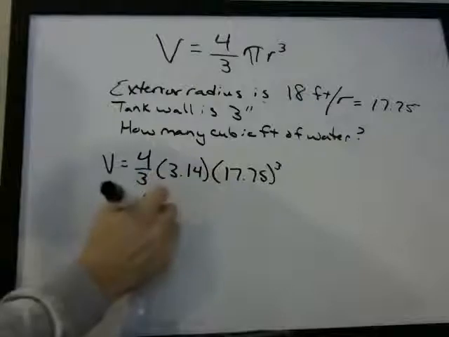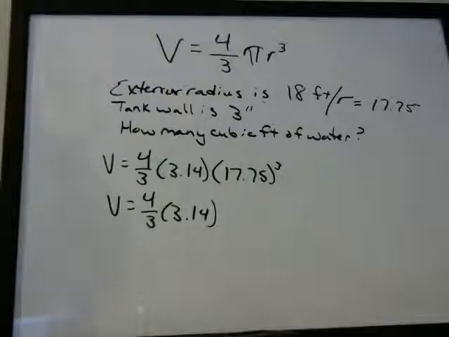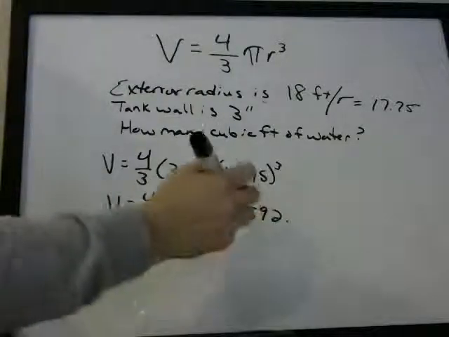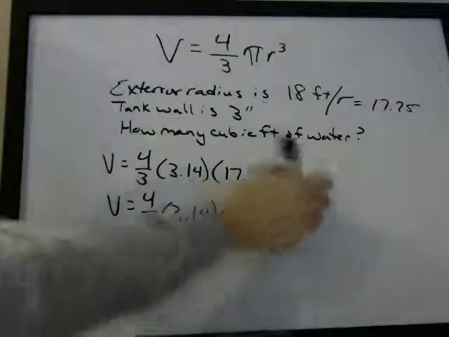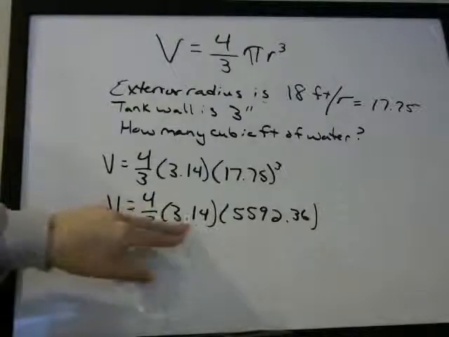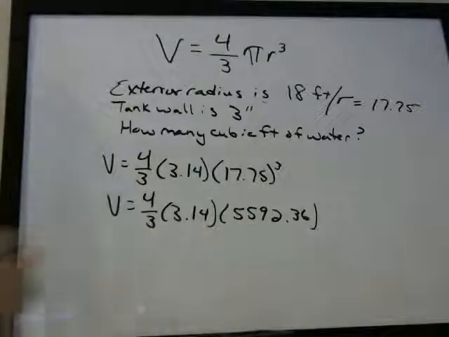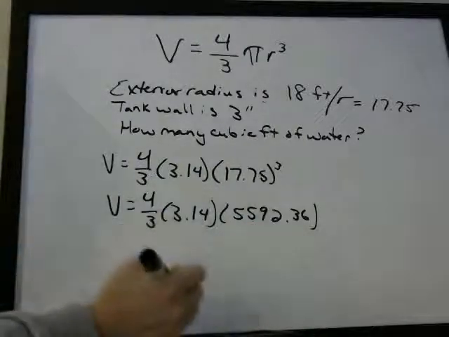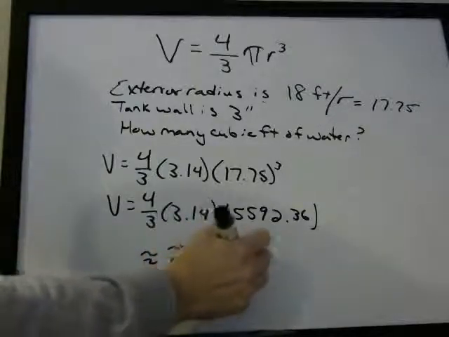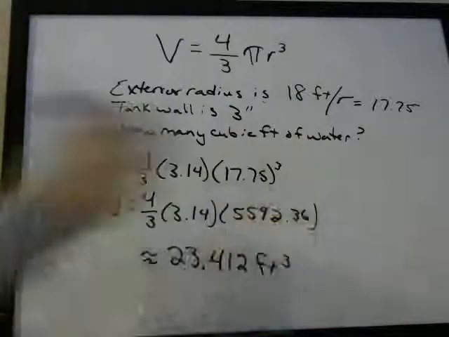I'm going to round it off, but 17.75 cubed is about 5592.36. Now we just plug this in our calculator. 4 divided by 3 times 3.14 times 5592.36, and we're going to get about, again I'm going to round it off, 23,412 cubic feet.